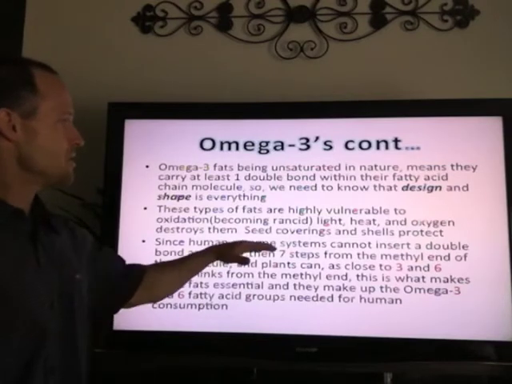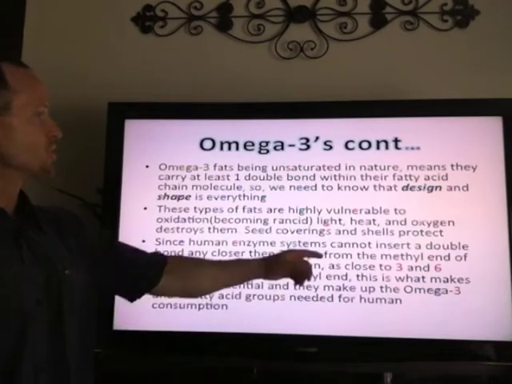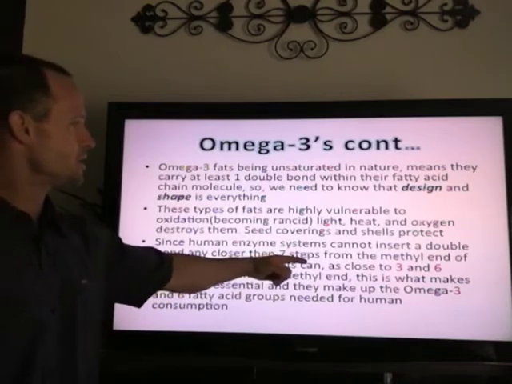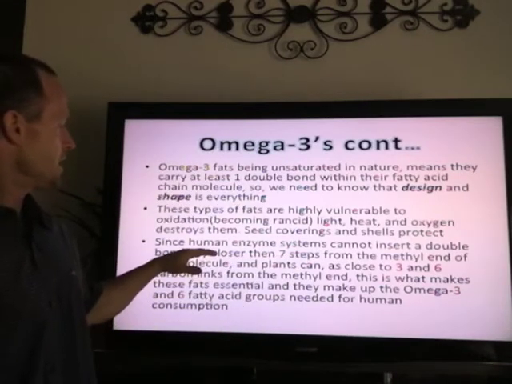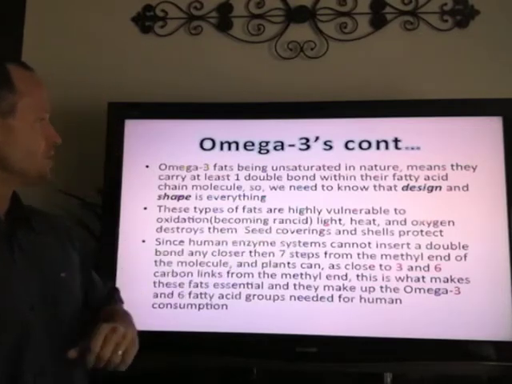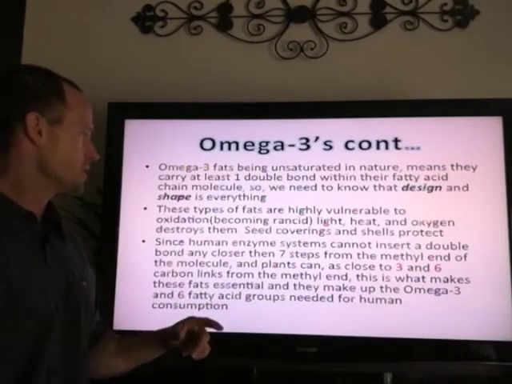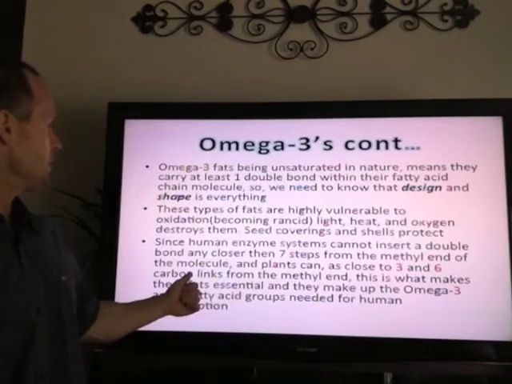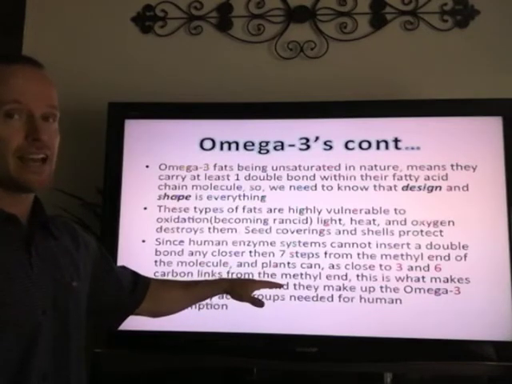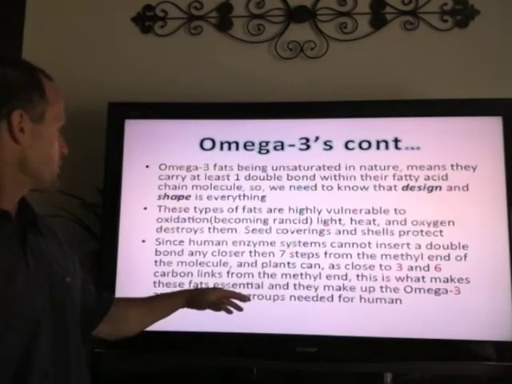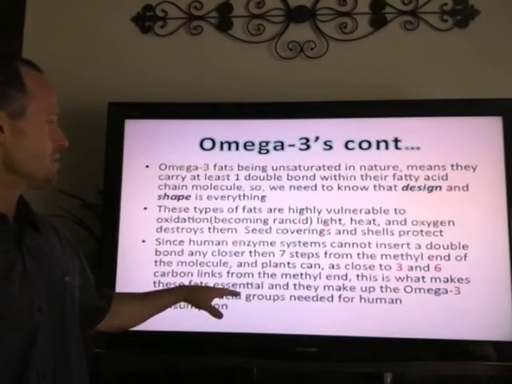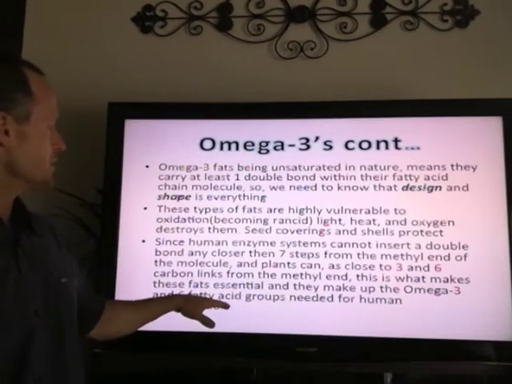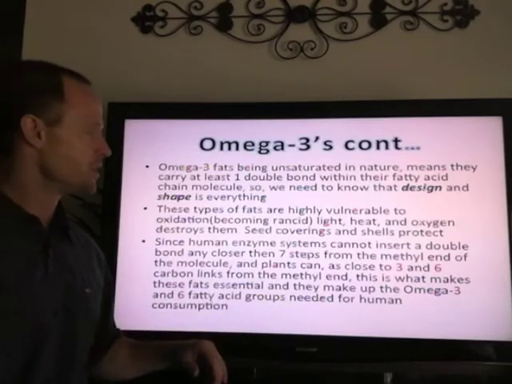Since human enzyme systems cannot insert a double bond any closer than 7 steps from the methyl end, which is what this is talking about, I'll say that again. Since human enzyme systems cannot insert a double bond any closer than 7 steps from the methyl end of the molecule, and plants can do this, as close as 3 and 6 carbon links from the methyl end, this is what makes these fats essential and makes up the omega-3 and 6 fatty acid groups needed for human consumption.